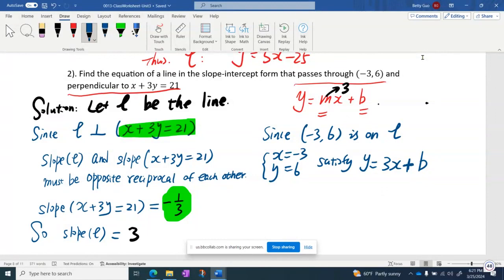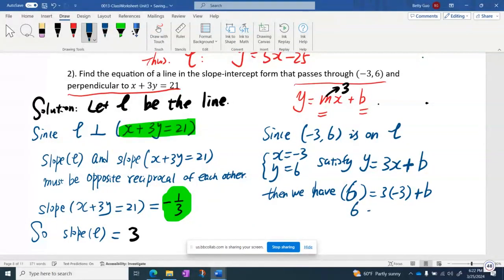So let's plug it in. If we plug in, we should have a true statement, right? Then we have y equals 3 times x plus b. y is 6, x is 93.